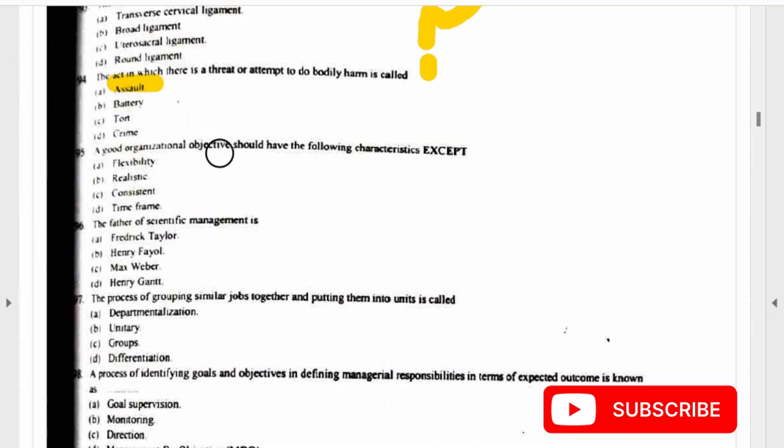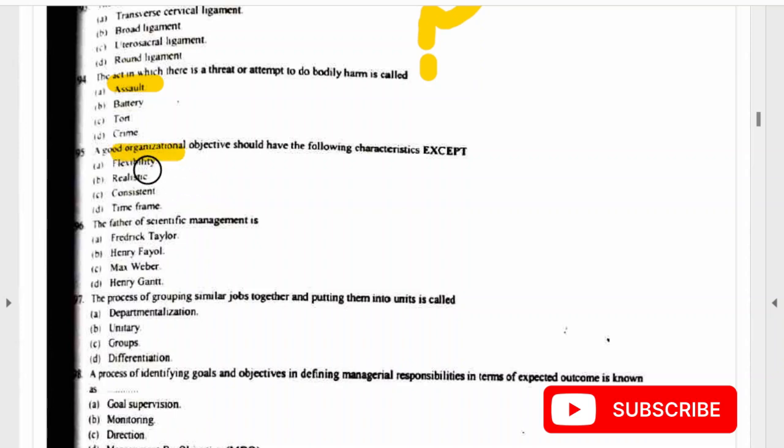A good organizational objective should have the following characteristics, except, who can tell me? So only one of these, the odd one out type of question. Let's see. I think flexibility should be the answer. Or rather, I'm not even sure.